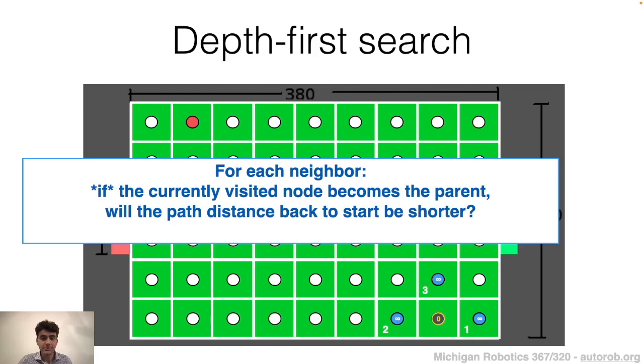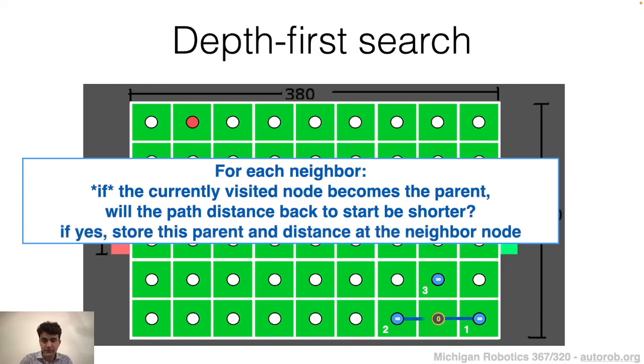If you remember how we set up our graph data structure a few slides ago, all the nodes would be initialized with a distance of infinity as a sentinel value. Within this check, if the distance would be shorter if the currently visited node was considered the parent of the neighbor nodes, then update the parent of those neighbor nodes to be the currently visited node.